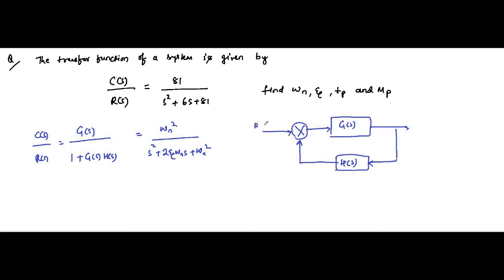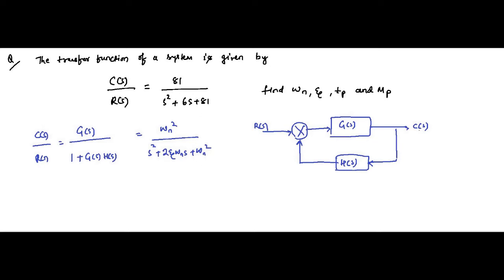So I request you to please watch all those videos first so that you understand this video in a better way. So here it is the output C(s) and this is R(s). So this is the general format.